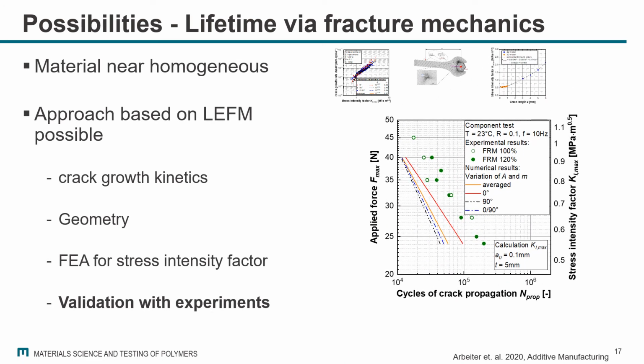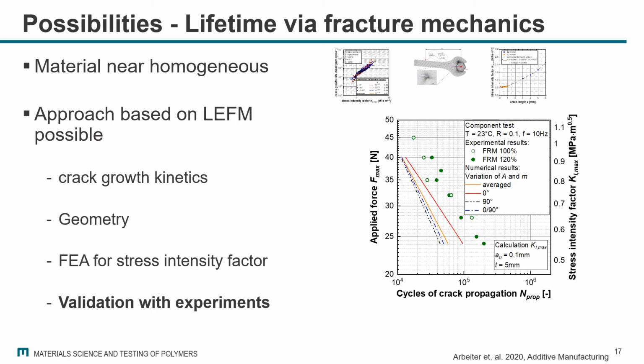And in the end, we did some validation with experiments. So we had a look at real printed wrenches, loaded them cyclically, as shown in the video before, at different loading forces, and compared the results shown here in the green circles with the finite element analysis and fracture mechanical lifetime approach, as shown here in the dashed and full lines.